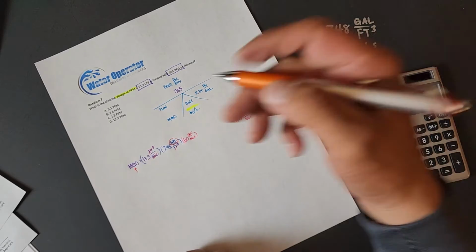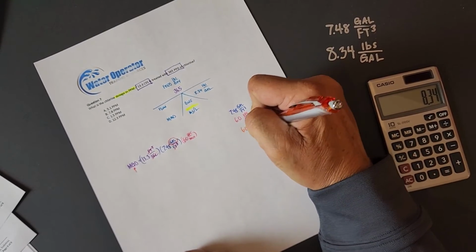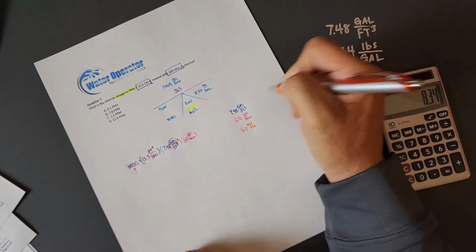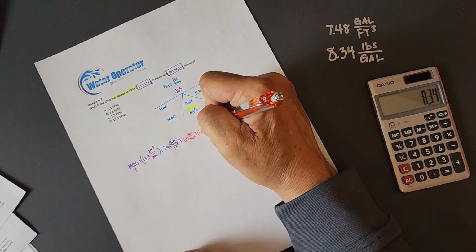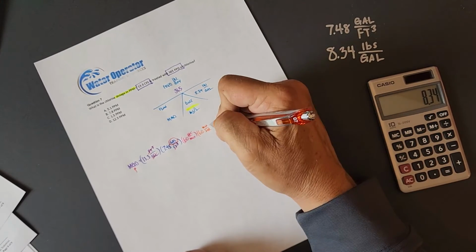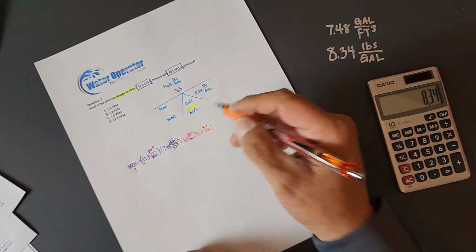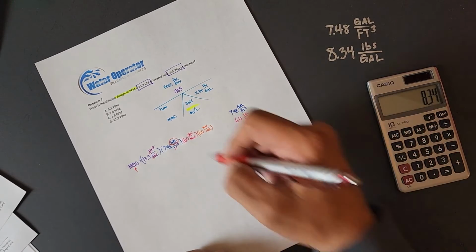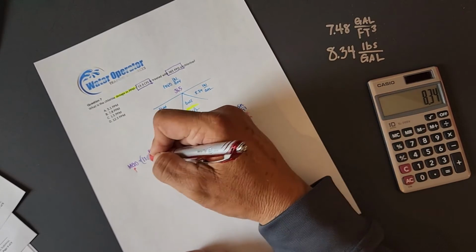Let's use orange. Well, I know there are 60 minutes to an hour. So I'll write that down here. 60 minutes to an hour. Minute is below the dividing line. Over here it's above the dividing line. I can cross cancel those out. Minute, minute. I'm left with hours. Still need to get to days.